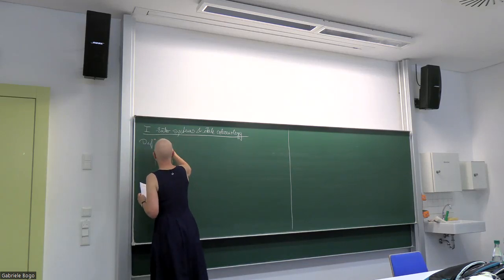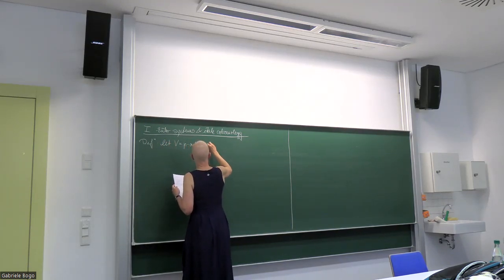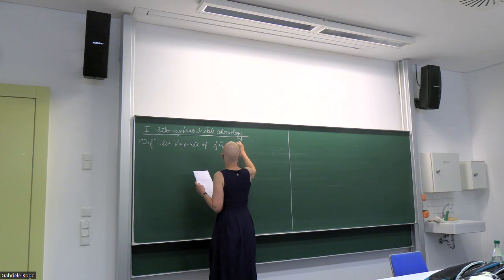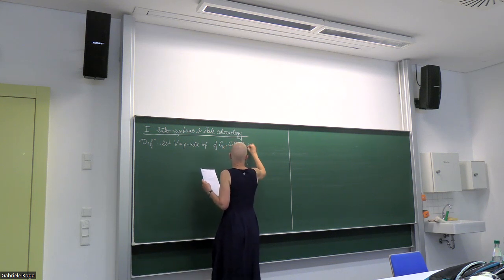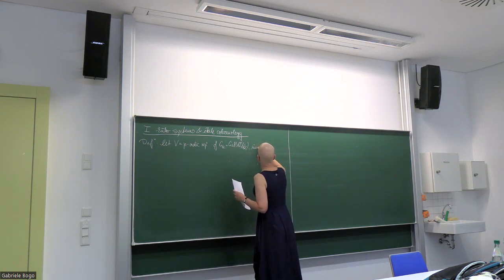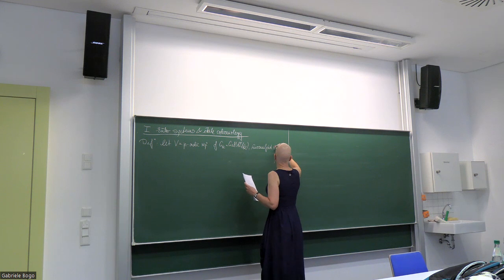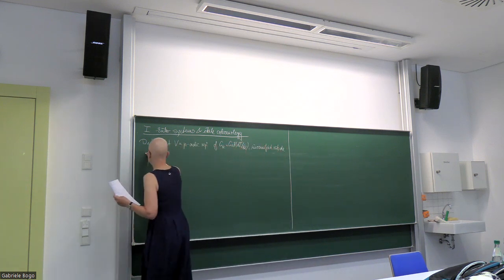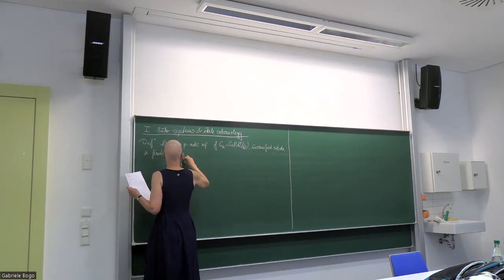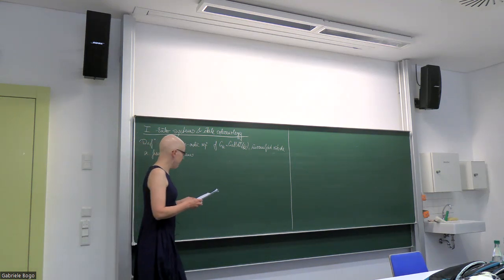Let V be a p-adic representation of the absolute Galois group of Q. We assume that V is unramified outside a finite set of primes. Such representations occur very naturally in number theory.